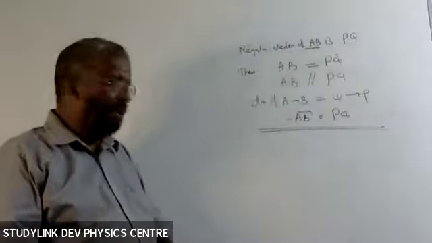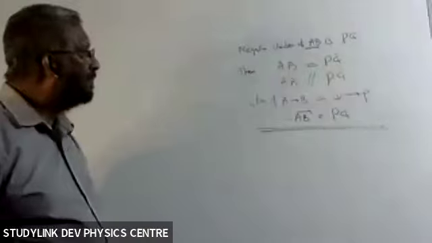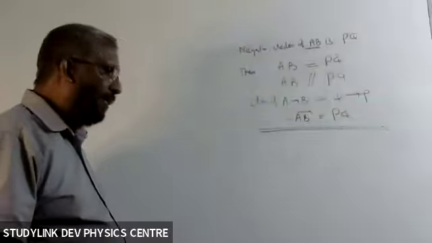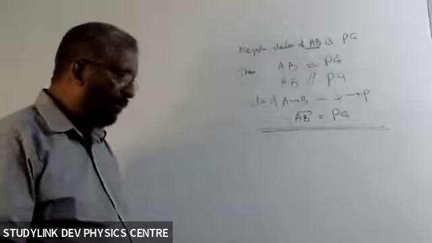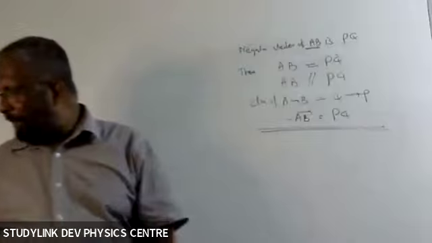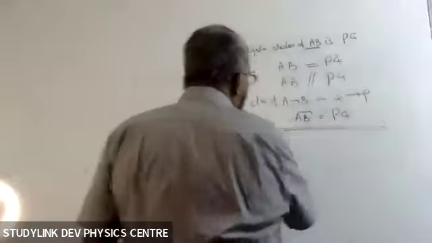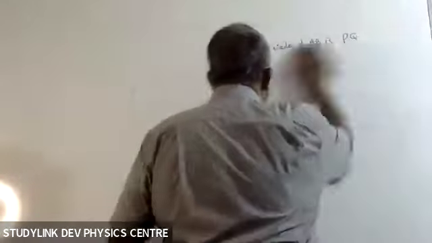Right. Now we'll consider an example. ABCD is a rectangle.